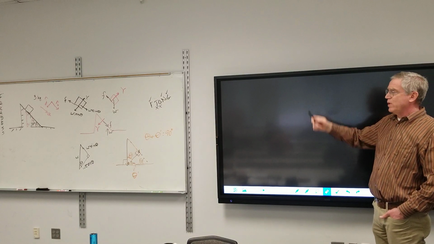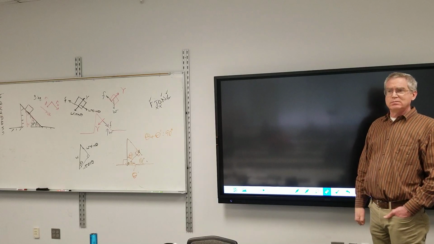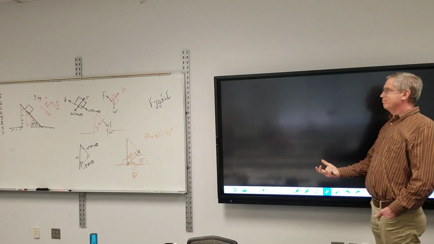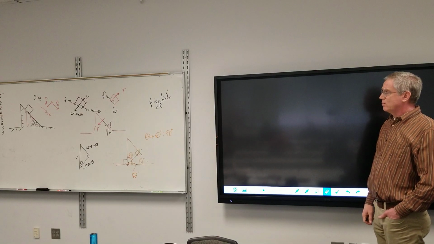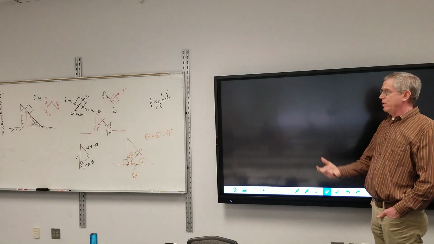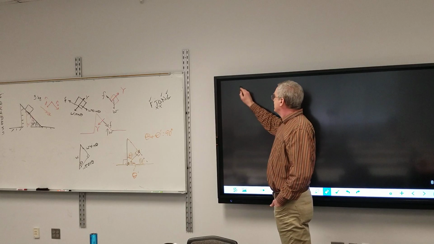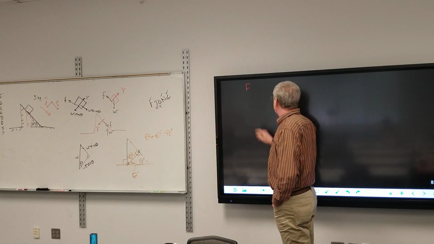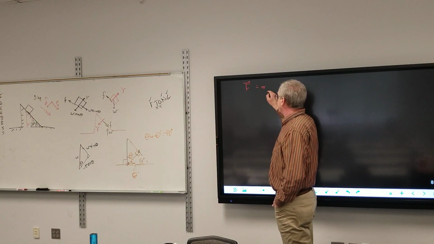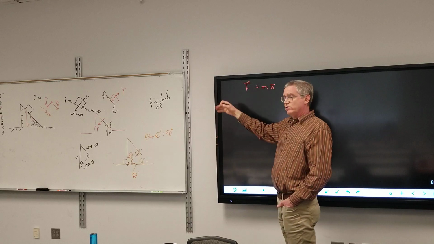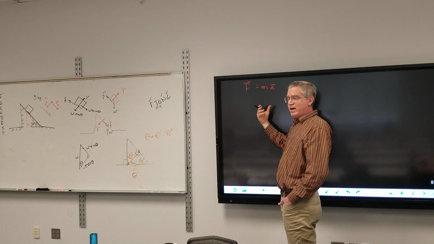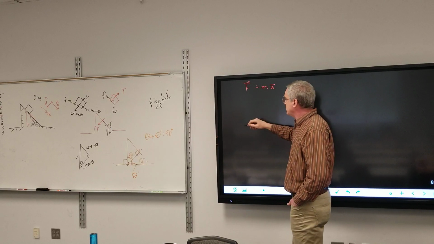After decomposition, we have equations of motion. We have two equations of motion, because I have one object, two dimensions. Our template is F equals ma, so I'm going to have all my forces on the left-hand side, equals mass times acceleration in whatever direction it is.